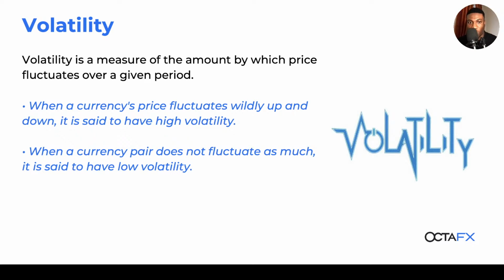When the exchange rate fluctuates widely up and down, it is said to have high volatility. This can be caused by news that can affect the prices of an asset. Also, when a currency pair does not fluctuate as much, it is said to have low volatility.